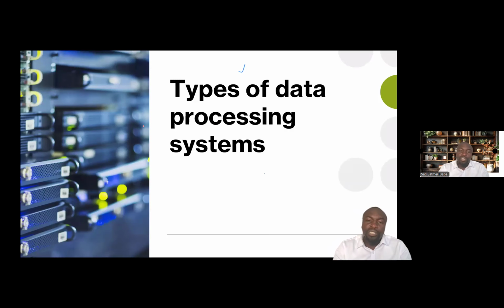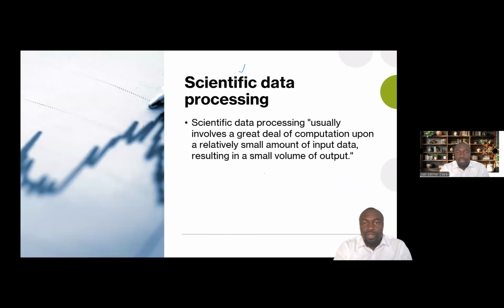Now, types of data processing system. We have what we call scientific data processing. Scientific data processing usually involves a great deal of computation upon a relatively small amount of input data. It's like when you go to the hospital and say, I'm sick. The doctor sends you to the lab. The lab technician will not collect a bucket of blood to do this test.